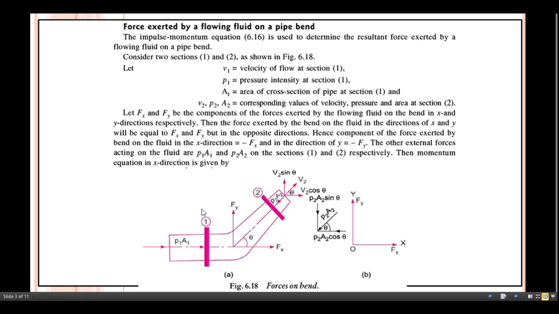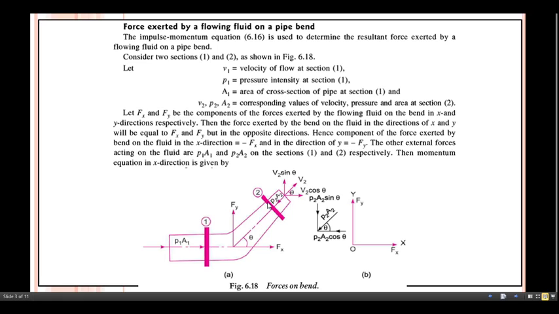Corresponding to section number 1, we consider the velocity of flow v1. Let P1 be the pressure intensity at section number 1, and A1 the area of cross section of the pipe at section 1.